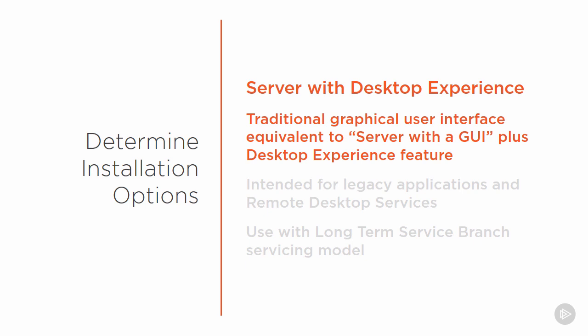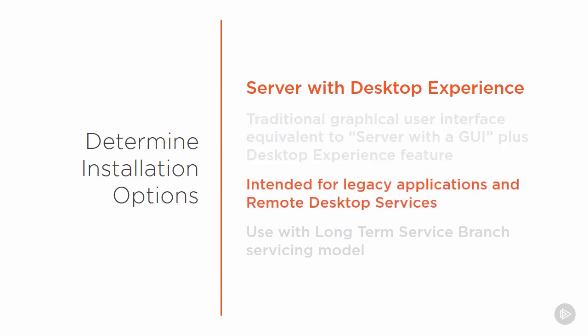But what's curious in this implementation is that Server with Desktop Experience also includes the desktop experience feature that was a separate installation back in Server 2012 R2. Microsoft does this because it intends this use of the GUI for only legacy applications and also for use with remote desktop services, with the latter of these two really being Microsoft's use case for including the desktop experience feature with the other graphical user interface pieces.